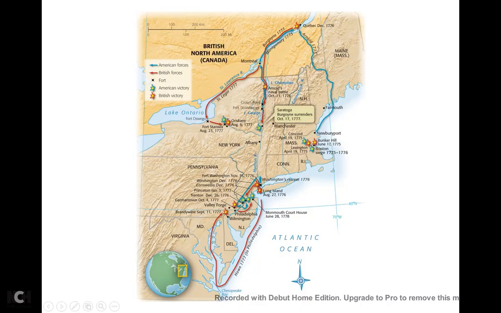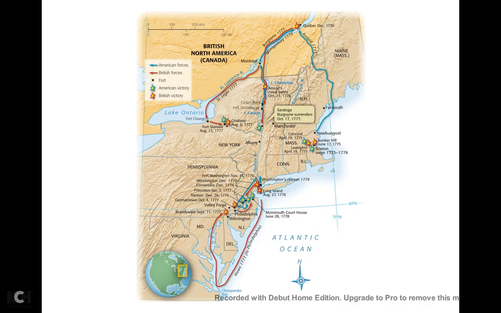Their second part is to leave New York. You can see it on this map here. Make their way on the British Navy up the Chesapeake Bay and capture the American capital of Philadelphia, which they expect to happen in the summer or fall of 1777.